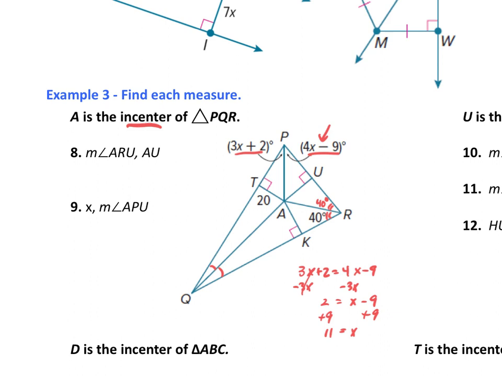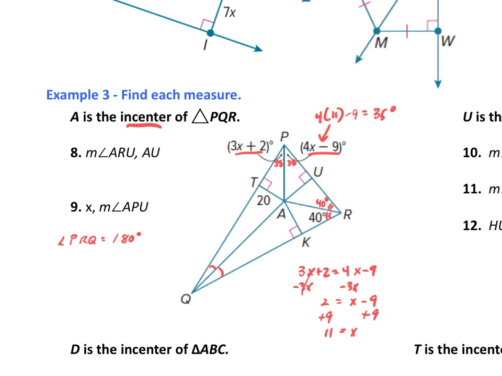Well, if I plug 11 back in here, I have 4 times 11 minus 9. That is going to give me 44 minus 9, or 35 degrees. So this is 35 degrees, this is 35 degrees, or the whole corner is 70. And then here this is 40 and 40. What is left over here we can determine because in triangle PRQ, all the angles are going to add up to 180 degrees.